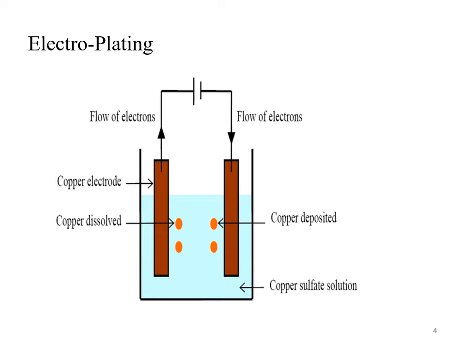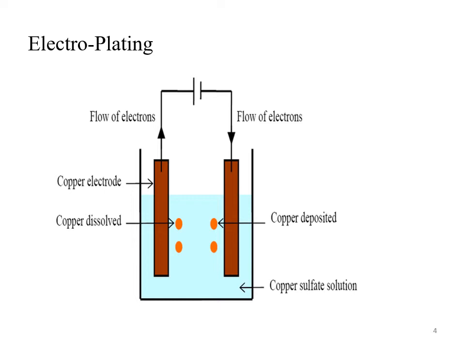So one electrode will get thinner over a period of time, whereas the other will get deposited and increase its thickness. This is how metal ion electroplating is achieved.